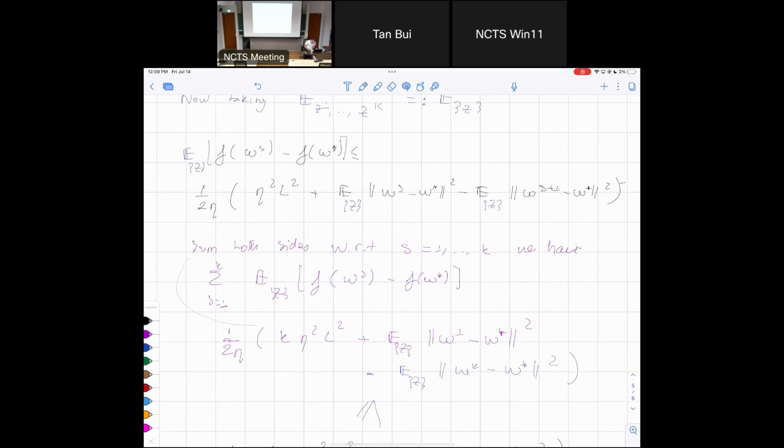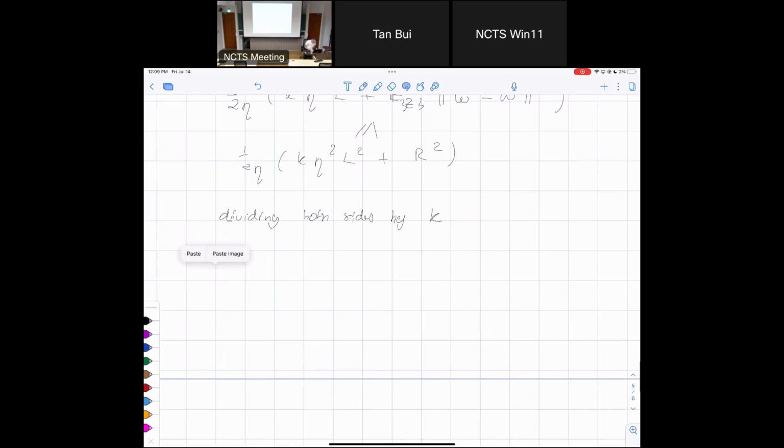I'm going to copy it down here and you will see it easily. So I divide by 1 over K on both sides, and the right-hand side is less than or equal to this: I have 1 over 2 eta K, and I distribute it in.